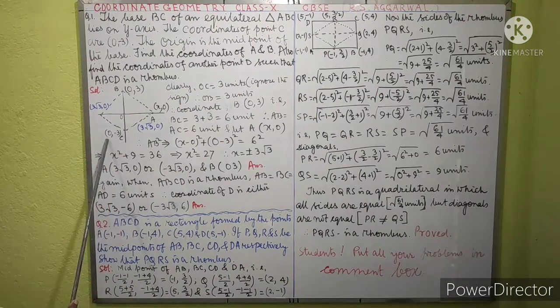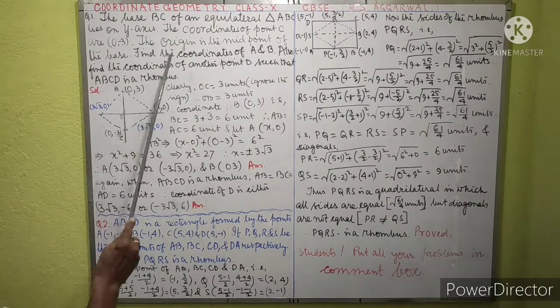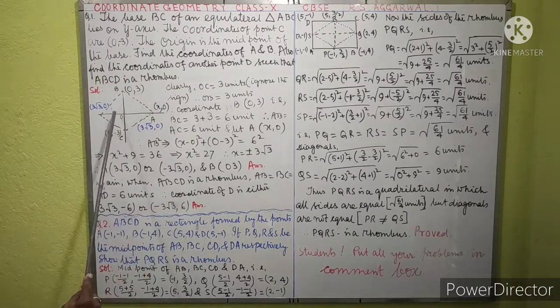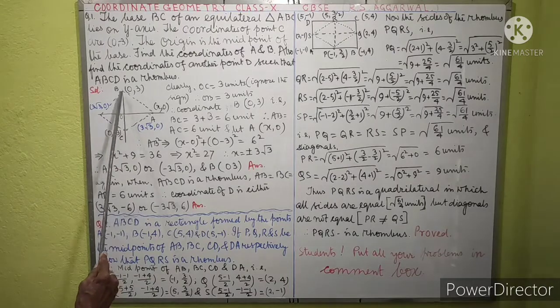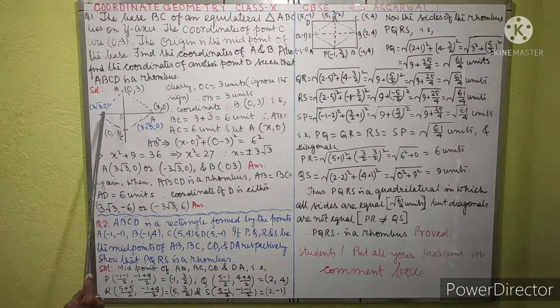The origin is the midpoint of the base, that is 0, 0. Find the coordinates of A and B. We have to find out A and B. A may be on this side or on that side.